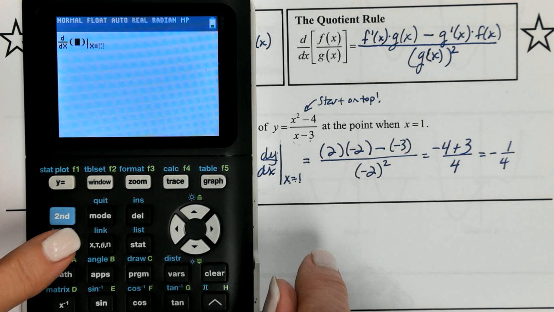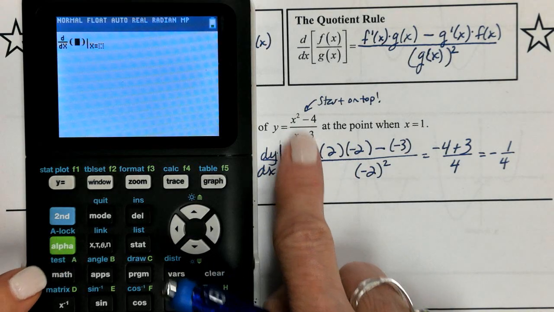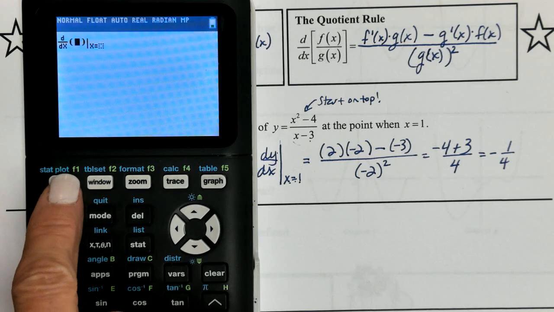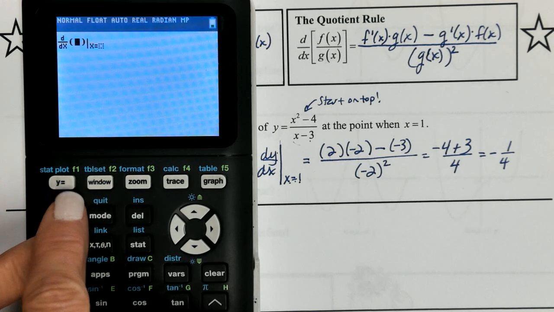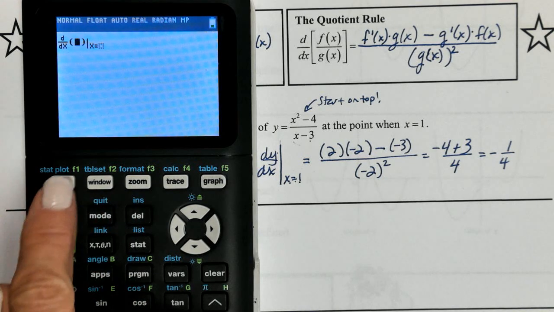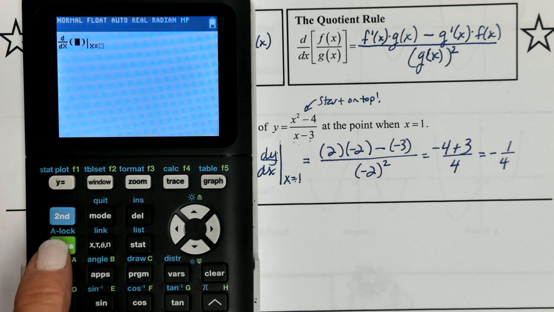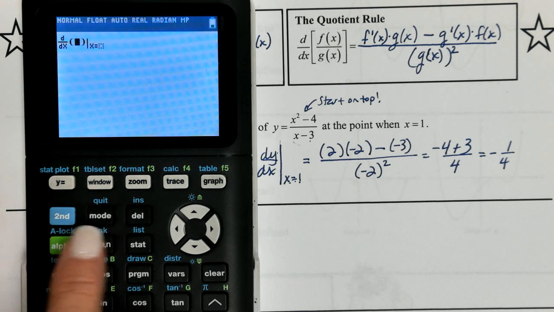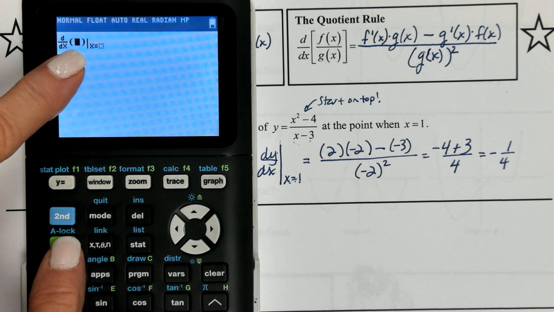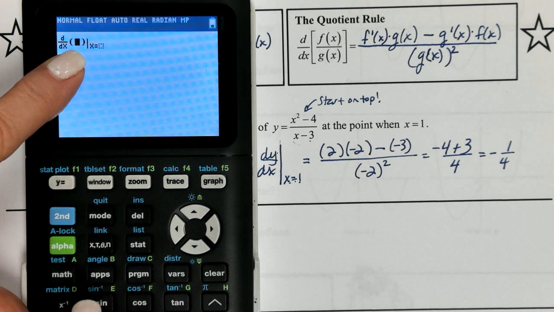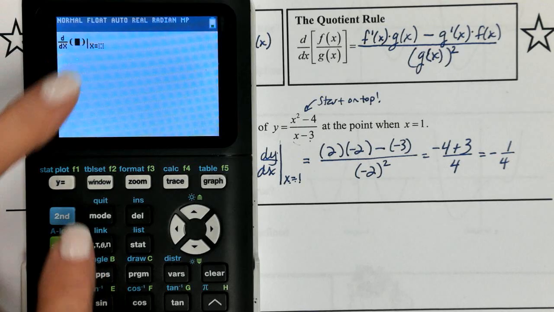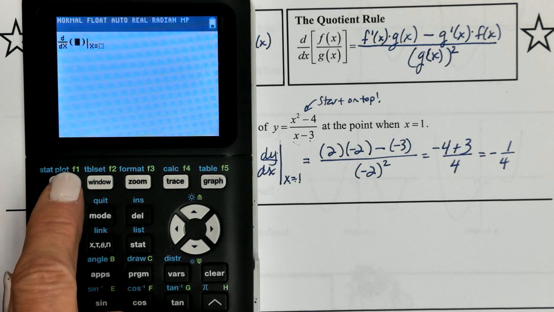I'm going to make this look just like what it says on my paper by using the fraction template feature. It's either under F1, or some calculators, the newer ones, give you the fraction template if you do alpha x.